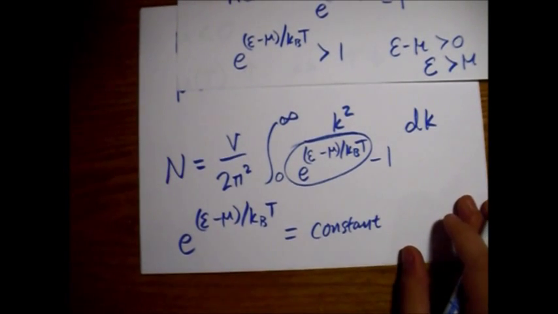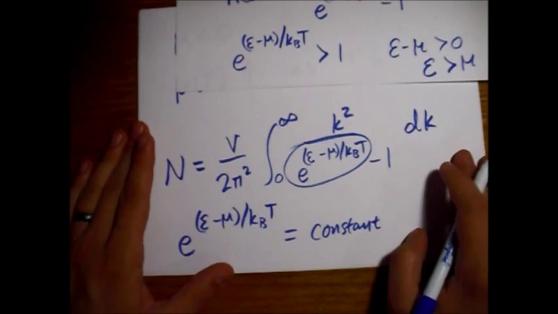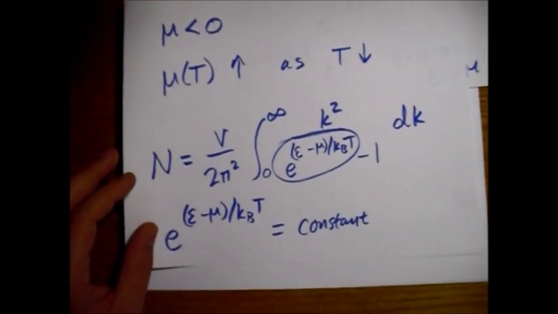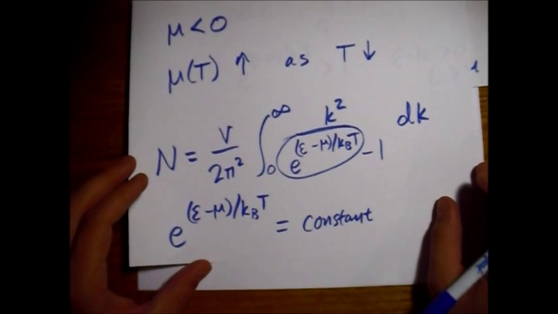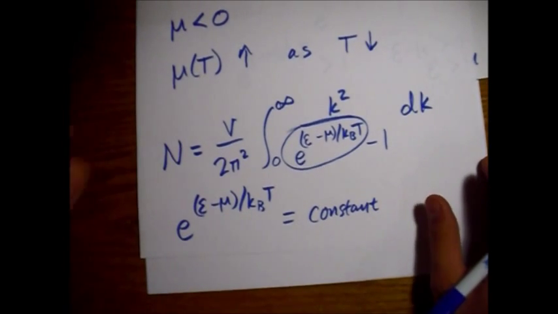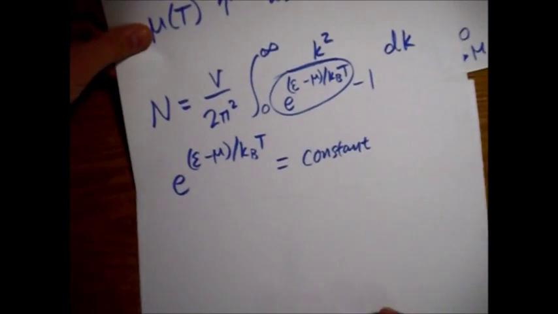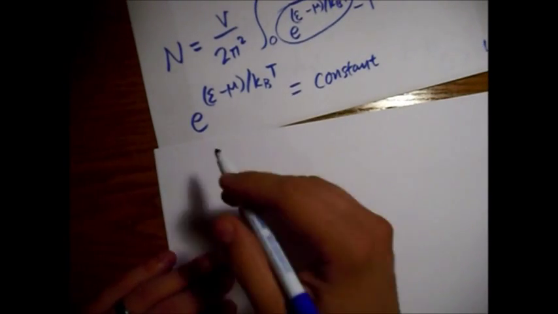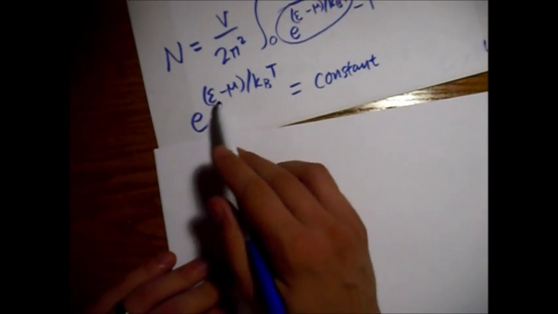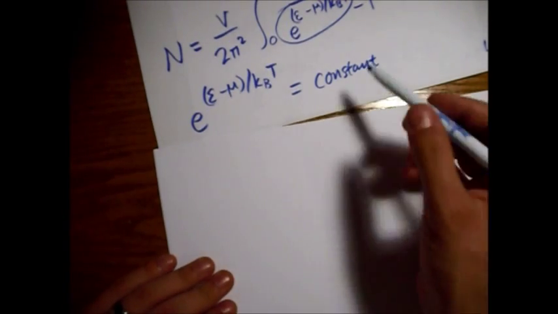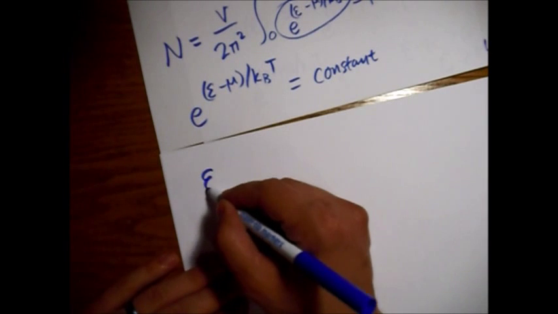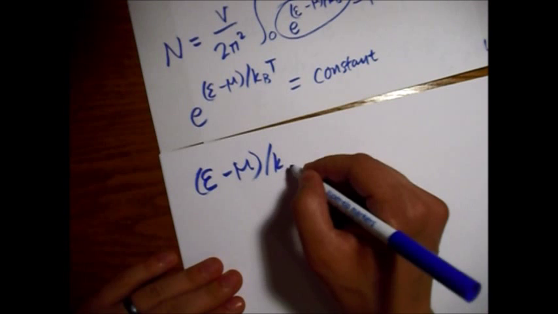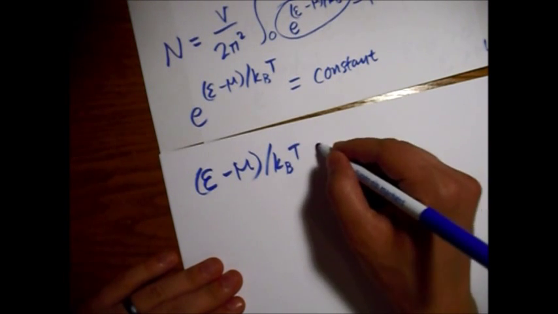Let me put this in terms of other constants. Let's write this one more time: epsilon minus mu, divided by kBT, has to be constant.